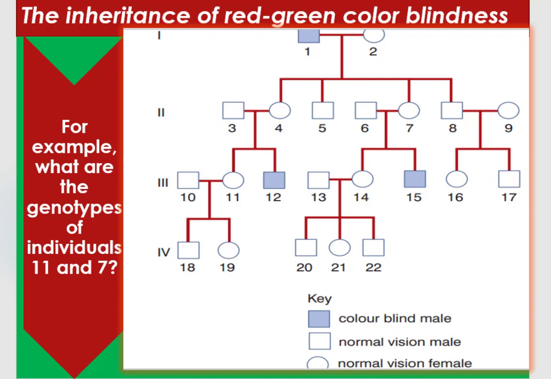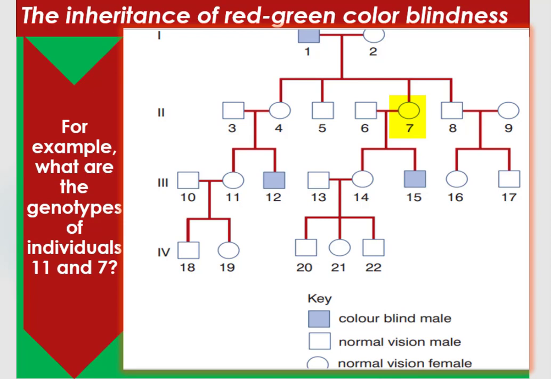For example, what are the genotypes of individuals 11 and 7? As we can see from the family tree, individual 7 is female, and she is phenotypically normal. But to figure out her genotype, we have to see her parents' phenotypes and her offspring's phenotypes.